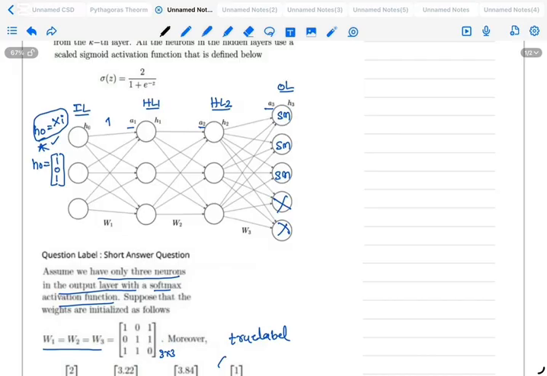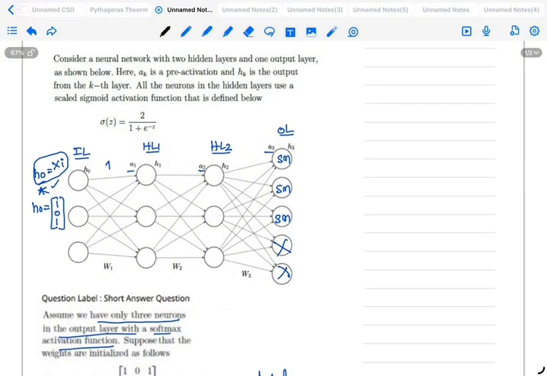So A1, A2, A3 are the pre-activations of the layers. H1, H2, H3 are the activations. The sizes of H1, H2, H3 are generally vectors of size equal to how many neurons are in that layer. In the H1 layer there are 3 neurons, so 3 cross 1. All are equal.